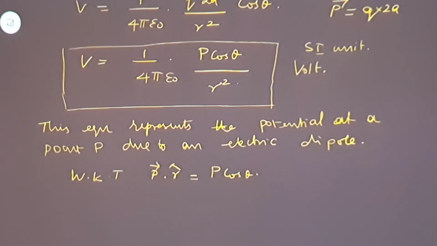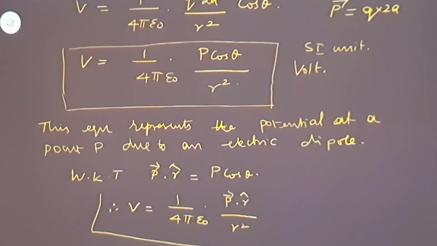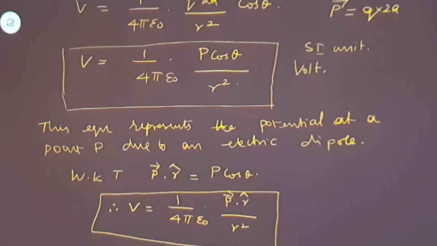So applying this in the previous equation, I can write this potential V is equal to 1 divided by 4 pi epsilon 0 into P vector dot r cap divided by R square. This is also another form of the electrical potential at a point due to the dipole.